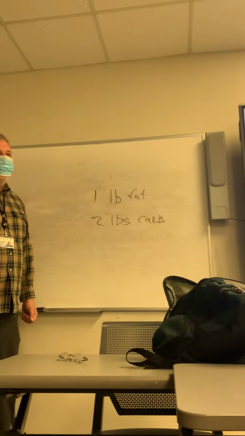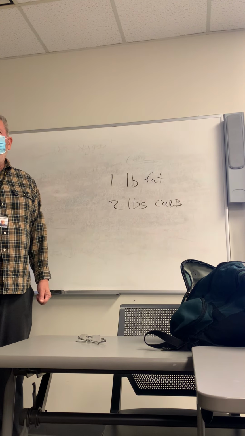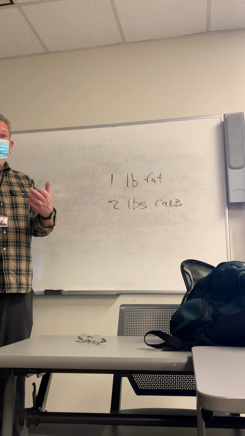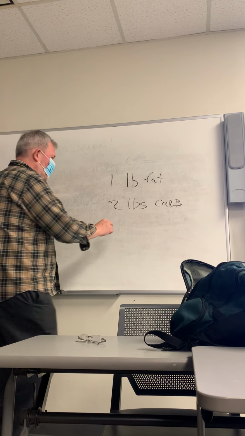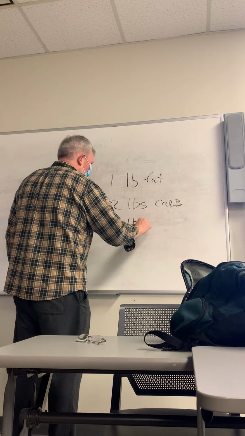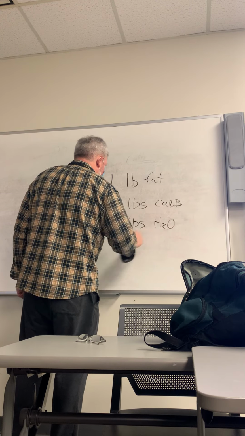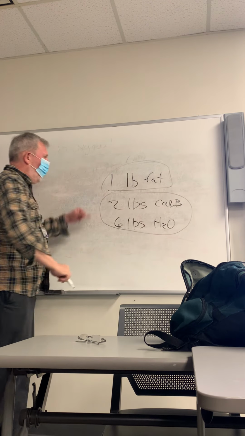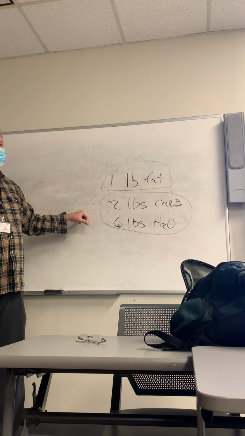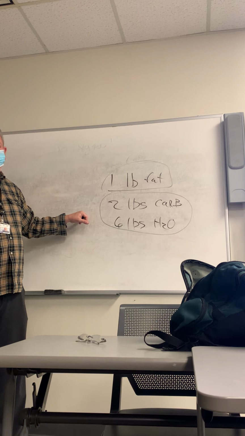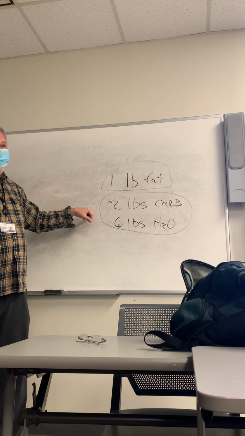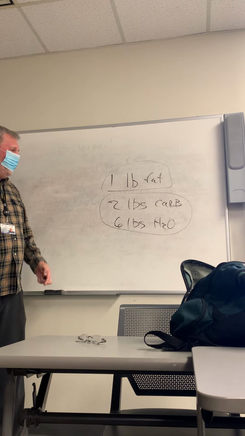But that 2 pounds of carb would bring along with it how much water? 6, basically about a 1 to 3. So what would you rather have to drag around? 1 pound of fat or 8 pounds of carb and water? Yeah, I know. It's still better than having 8 pounds of carb and water.